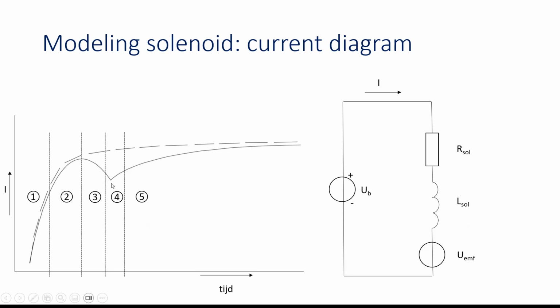So my current still keeps on increasing with an e-power graph, so to say, and the L is at its maximum value, so the time constant L over R is still a high value. So it keeps on increasing up to its maximum constant value, which is equal to the applied voltage UB over the solenoid resistance value R. So that is the basic current diagram of a solenoid.